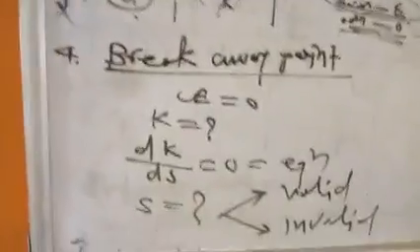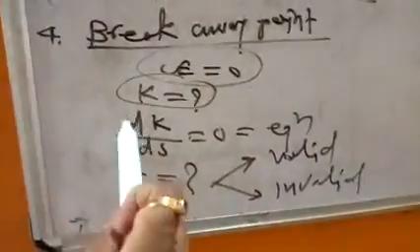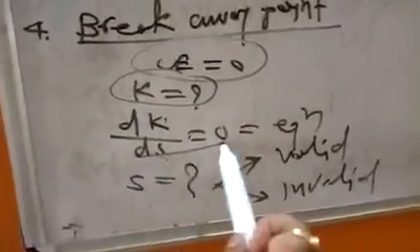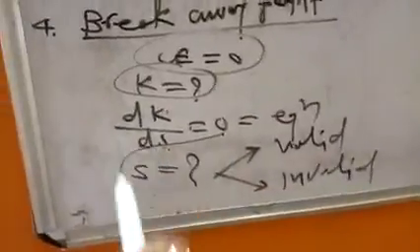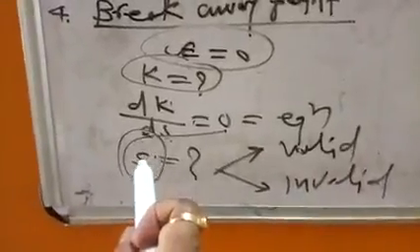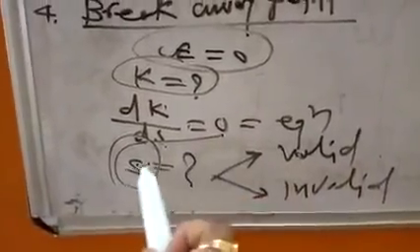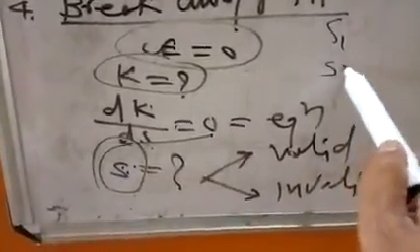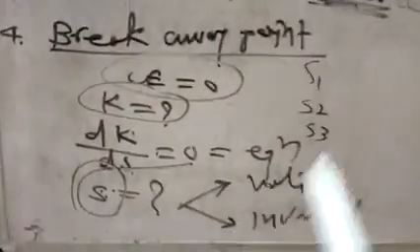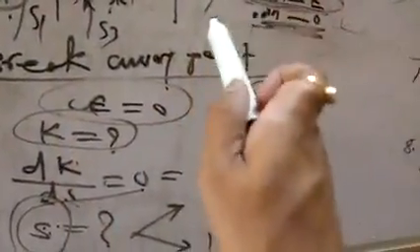Next is the breakaway point. From the characteristic equation determine the K and take the rate of change of K with respect to S, dK/dS, equal to 0. Finally we obtain the value of S. So there are various options for this S. When we determine the number of S, suppose there are 3 roots, S1, S2 and S3, and S1 exists in this area, S2 exists in this area, S3 exists in this area.